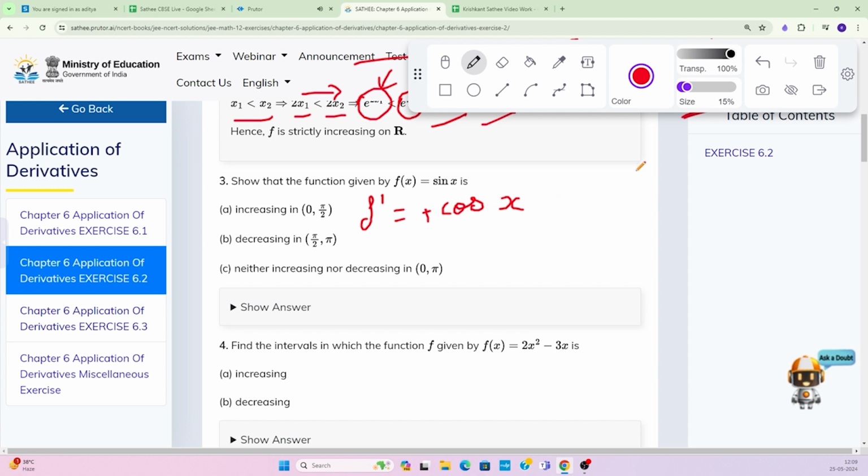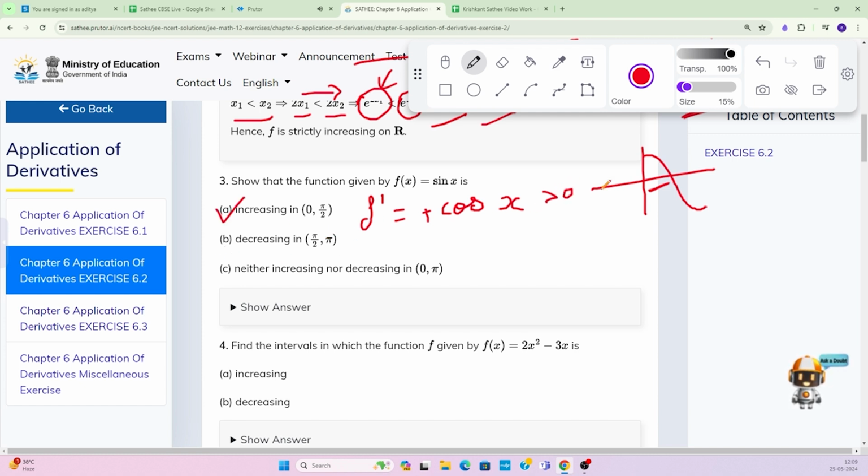Now observe the cos x graph. From 0 to pi by 2, it is positive, so f prime x is positive in this interval, which means it is increasing.